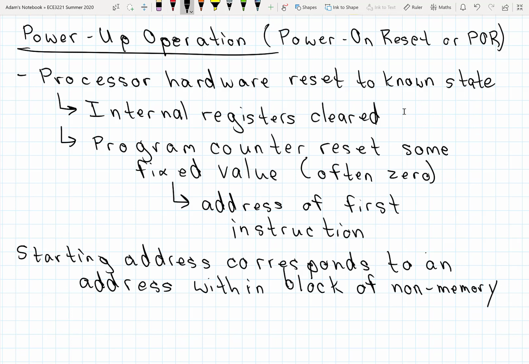Otherwise, if the contents of that initial address were reset along with the power and lost, how would the processor ever get started? Okay, so this initial address is often some form of read-only memory, which is sometimes known as boot ROM.